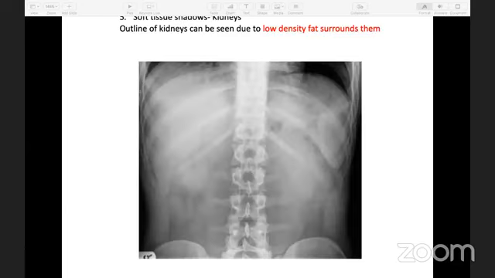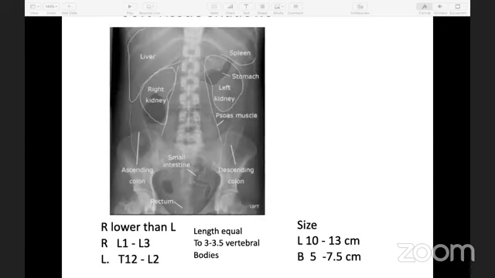In a properly taken film, you can see the soft tissue shadows like kidneys, liver, psoas shadow, bladder due to low density fat which surrounds them, providing lucency. This is a plain film with beautifully outlined soft tissue shadows.